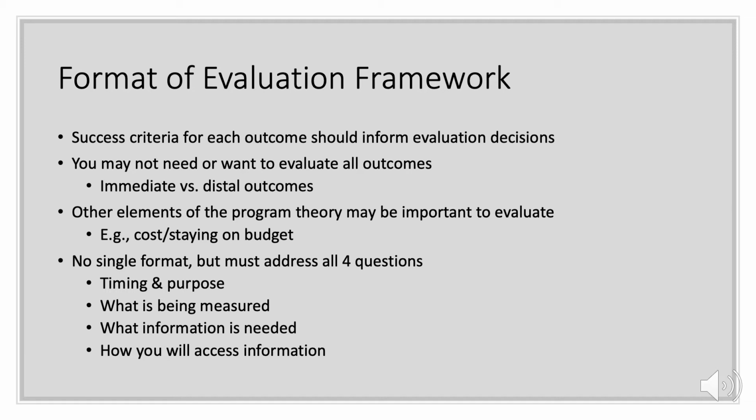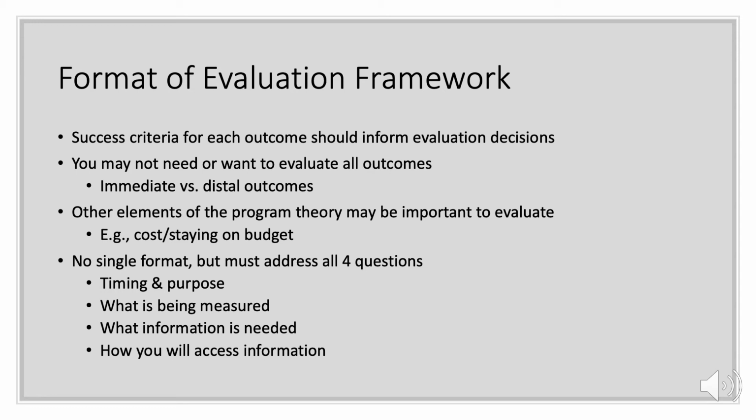You may be able to do some follow-up surveys like 6 or 12 months post-program, but that might not always be relevant. And you may be looking at things other than the outcomes, such as process. You might be doing some process evaluation, cost effectiveness, and et cetera. So everything you're evaluating should be somewhere in your matrix, but you don't have to evaluate everything.